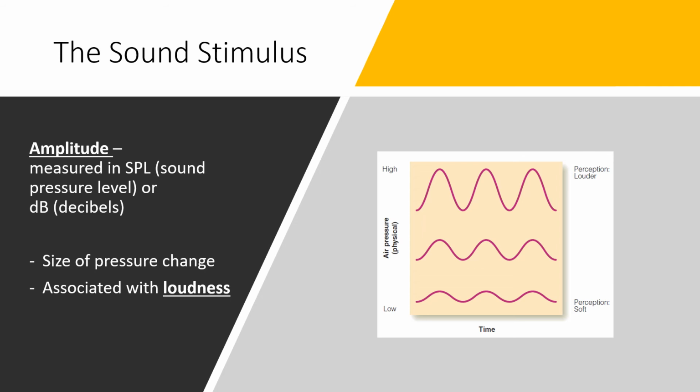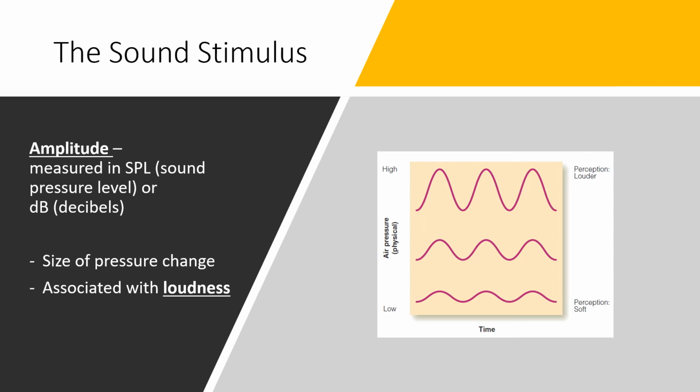And then the last piece for some of these, you'll see the aspect of perception that it translates to, also in bold and underlined. So the figure on the right is showing a high amplitude where you can see larger changes in air pressure, and then at the bottom is lower, so a softer perception.